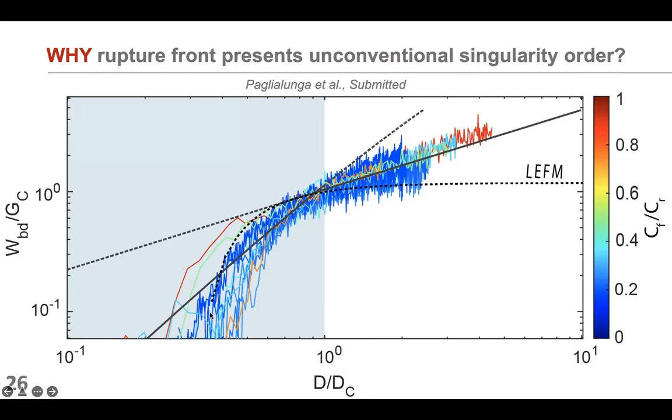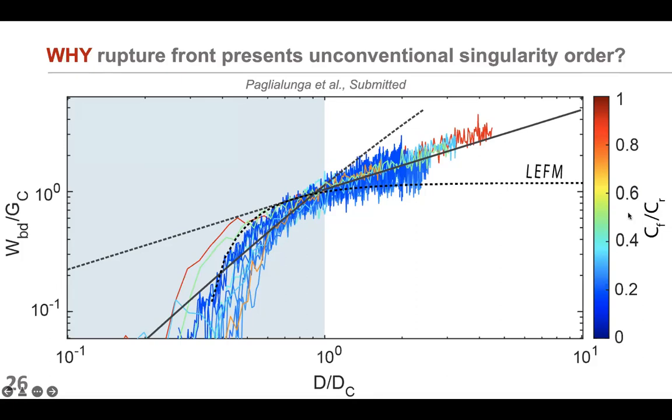The black dashed line here corresponds to what we expect from linear elastic fracture mechanics. We see that in events that correspond to the slower rupture propagations, between 0.2 and 0.4 times the Rayleigh wave speed, LEFM looks to explain more or less well the experimental data.